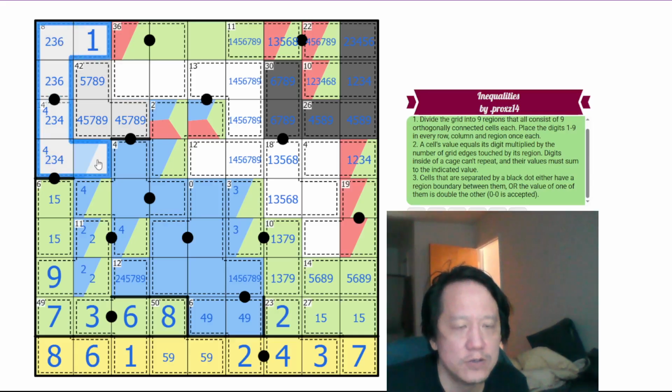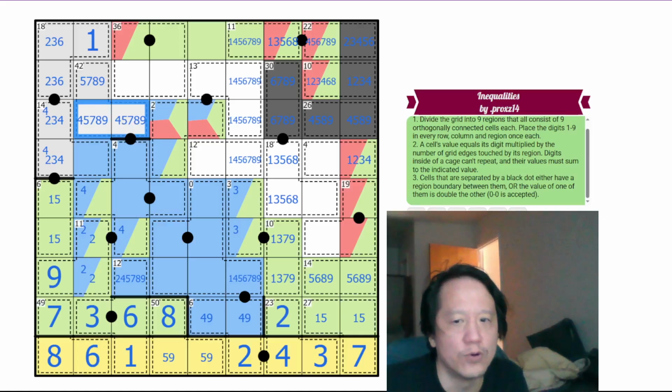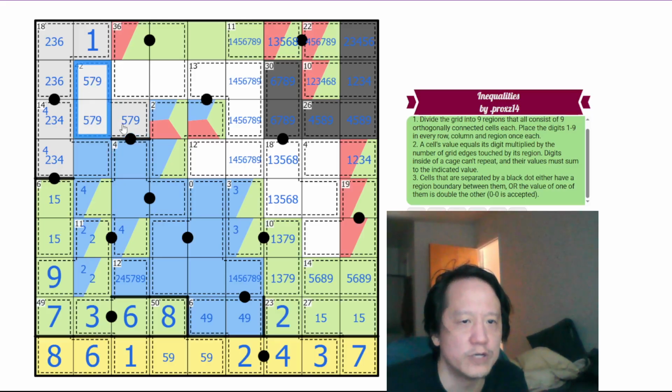That's here. And this is not part of the region. So that means this cannot be 4, 8, and 9. It can't have a 6 because of the 6s in the column. So this must be 5, 7, 9, adding up to 21, which is doubled, is 42.